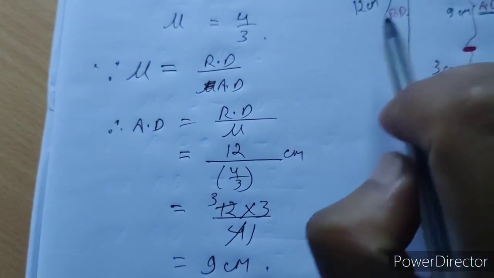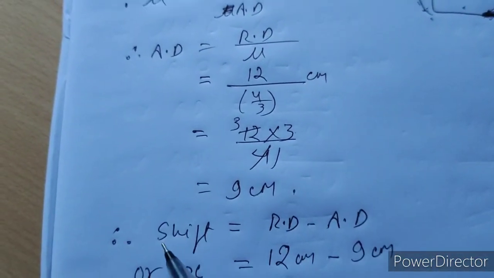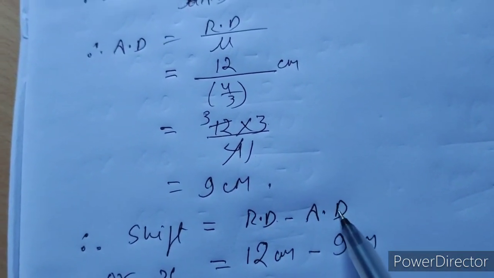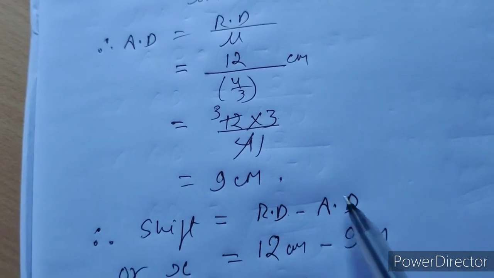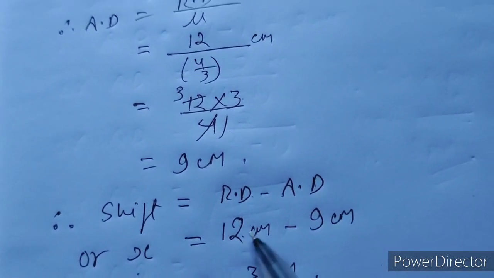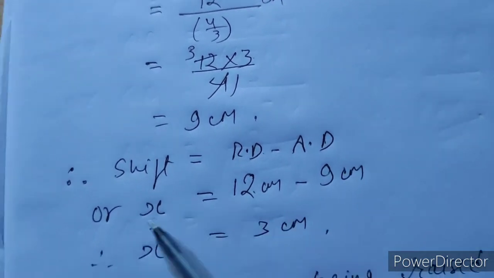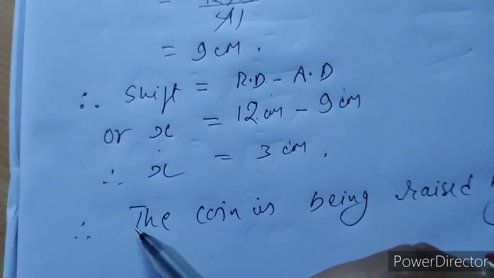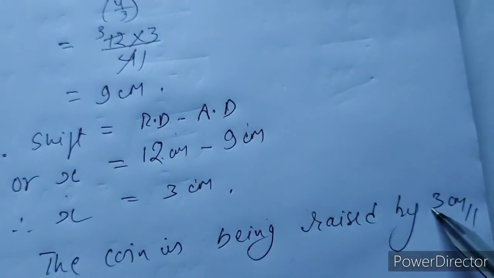Now I'll calculate the shift. The formula for shift is real depth minus apparent depth, and I've already told you the shift we have considered as x out here. Therefore x equals real depth 12 minus apparent depth 9, which equals 3. Therefore the coin is being raised by 3 centimeter.